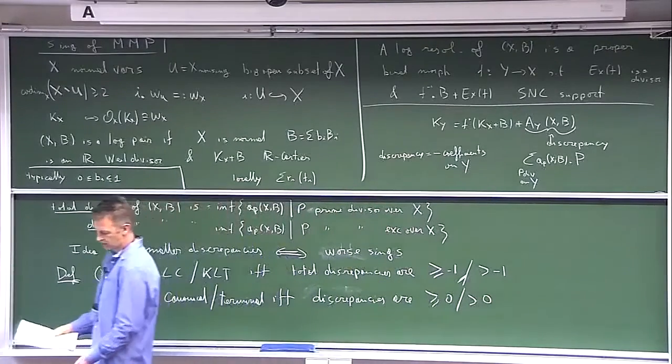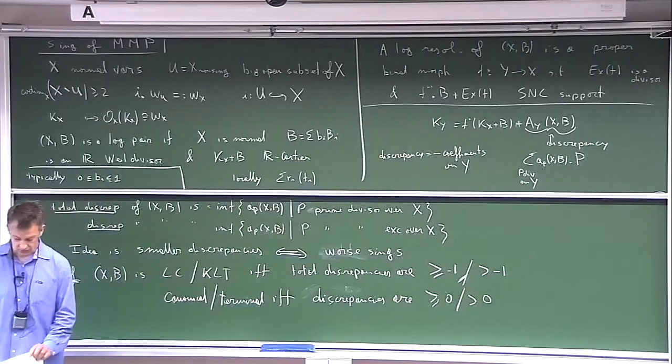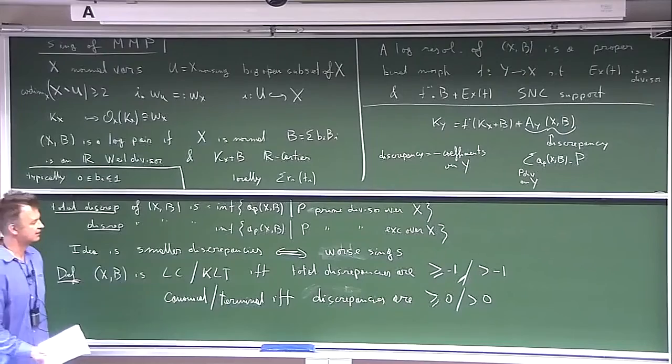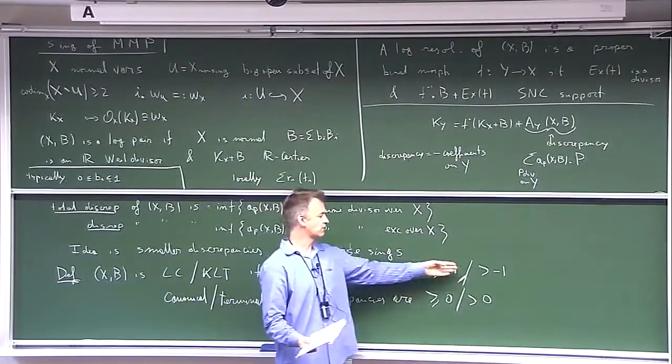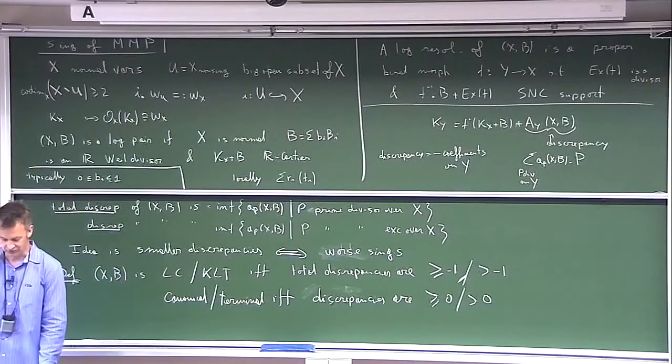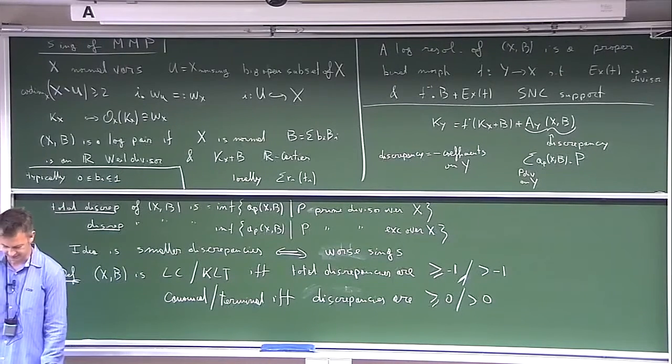Okay, so those are definitions. It's unclear that they're useful, and it's sort of unclear why we chose -1 and 0, at least in first approximation. Hopefully, I'll do enough examples and applications of the theory that it will become clear.